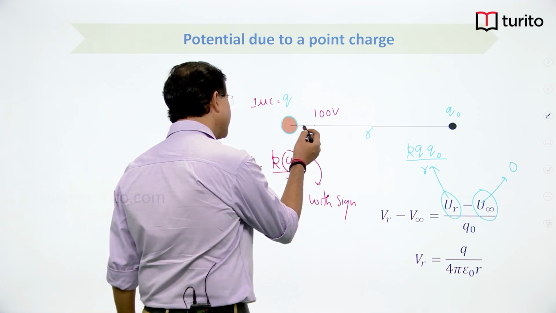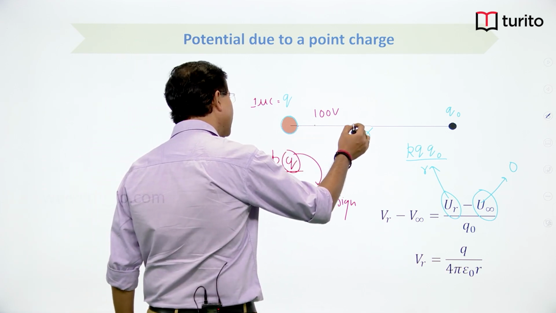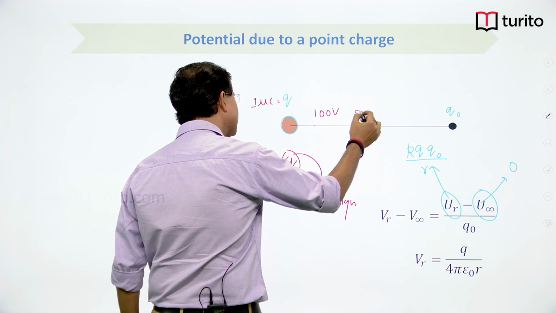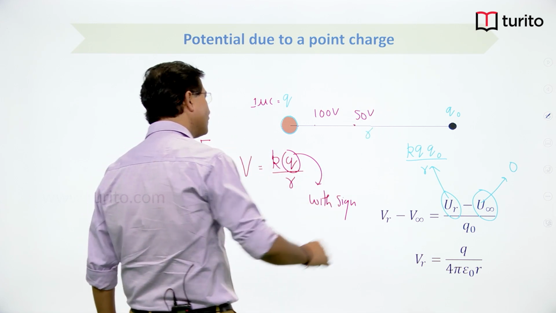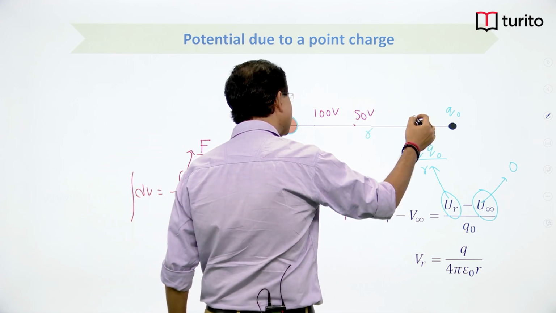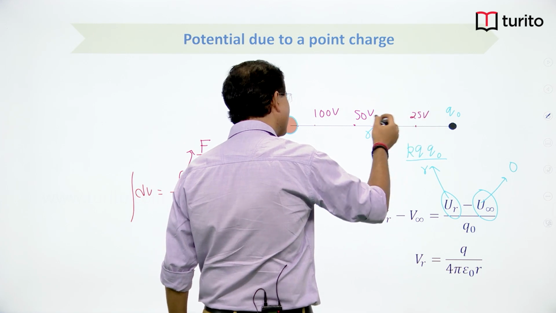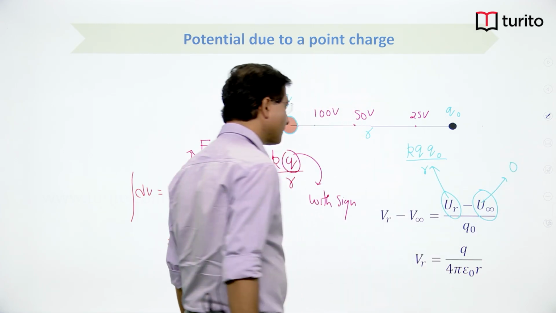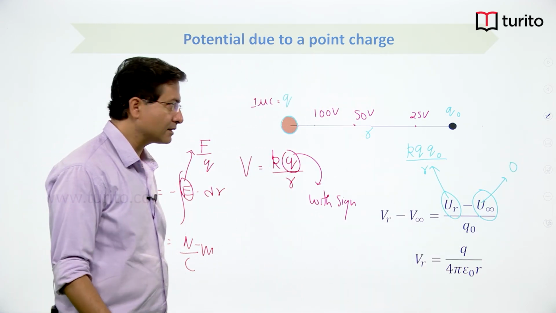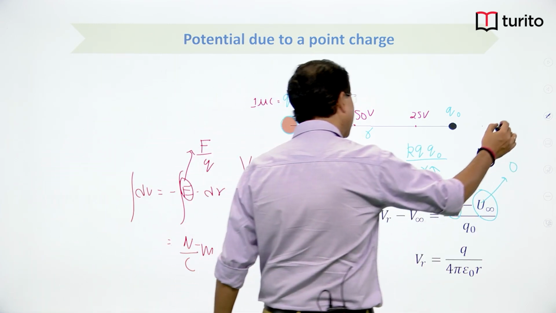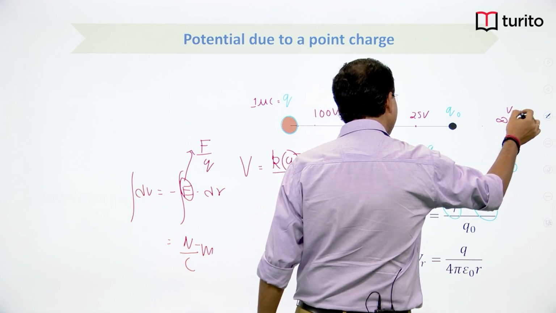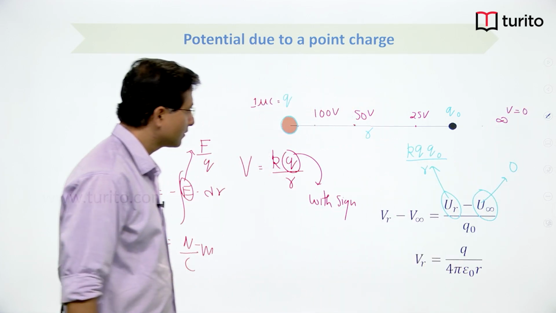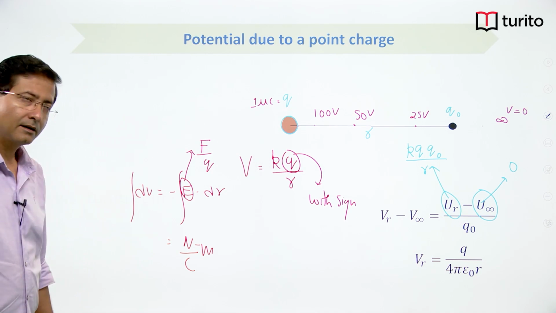So assume very near to this one, this is 100 volt, if you just move by some distance you will get 50 volt, then you move a certain distance you will get 25, as you keep going away it reduces, and finally at infinity it will become 0, right.